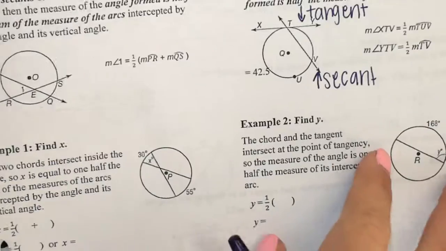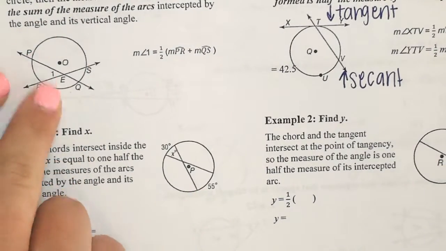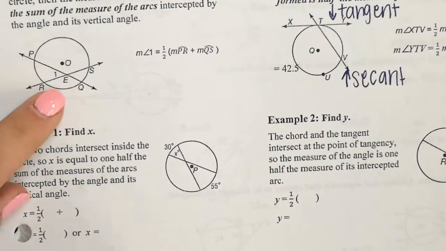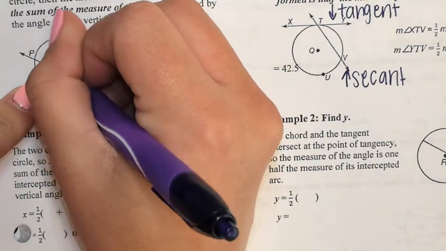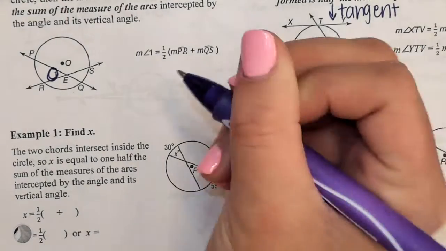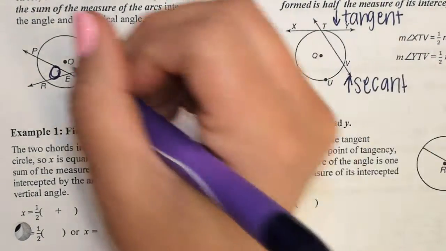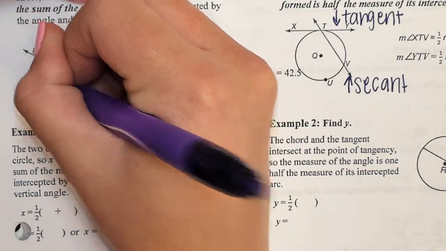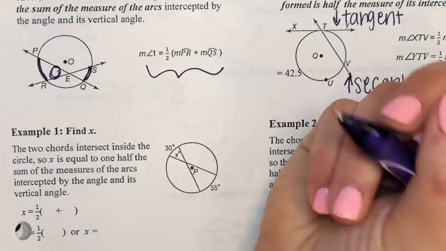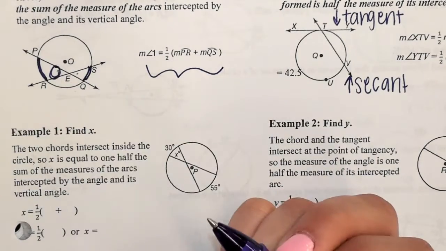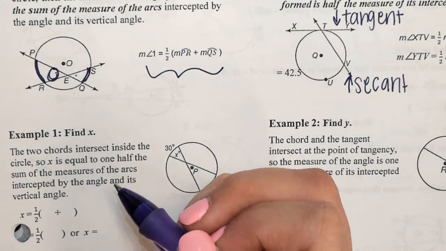In either scenario, there's certain things you have to do to solve for the missing pieces. In this one right here, to find the measure of angle 1, you have to follow this formula. You take both of the arcs on the outsides. Aren't these vertical angles? So this is going to be the same as this, right? So either one, you do the same thing.